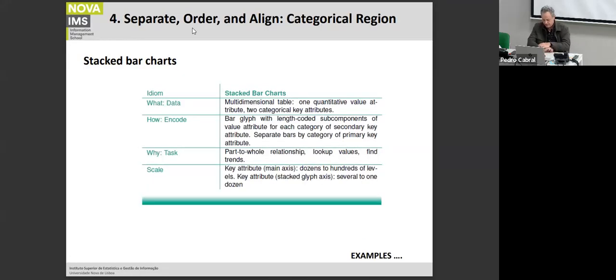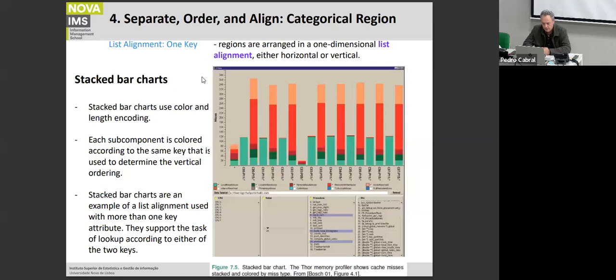Okay, take bar charts. Here you have one quantitative value and two categorical key attributes. So let's see an example.